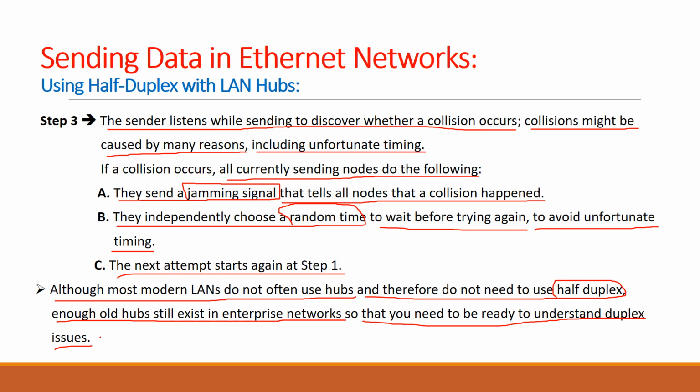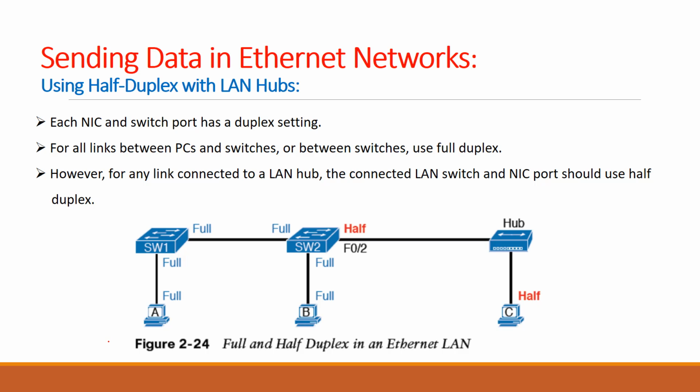If, for example, you have a network like that, a PC connected to switch 1 and switch 1 connected to switch 2, and switch 2 has two interfaces, one to PC B and another port to a hub. If you use a hub, then you must use this port in half duplex mode, and the other ports in full duplex mode, just here because you are using a hub.